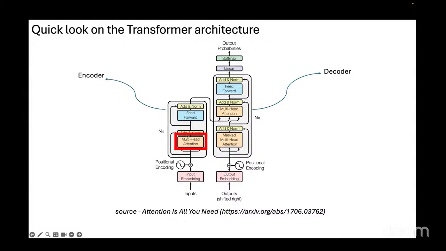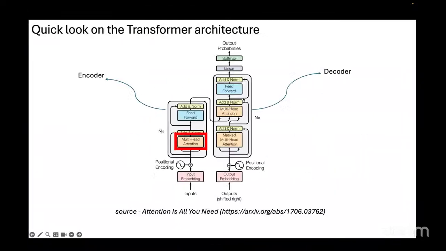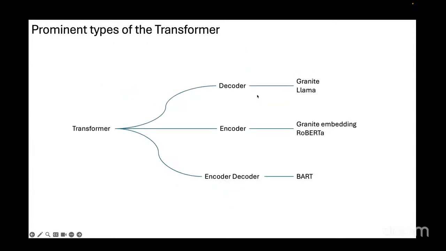The multi-head attention with layer norm and feedforward network is a block which is common in the decoder as well. The decoder-only architecture picks up only this block and gets rid of the encoder part, and it has been widely used in many models like Granite and Llama, etc.